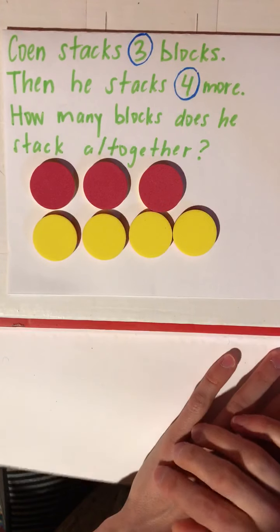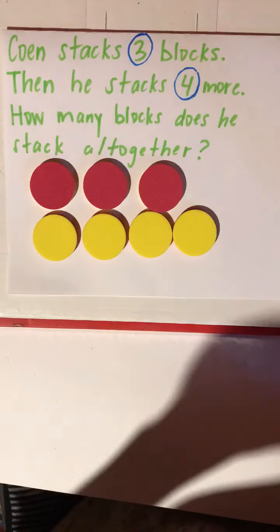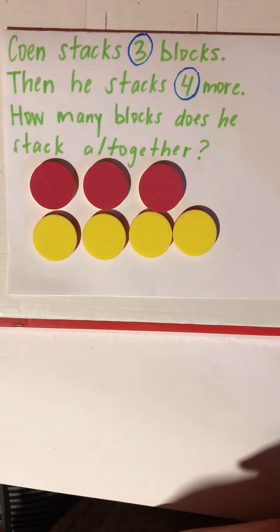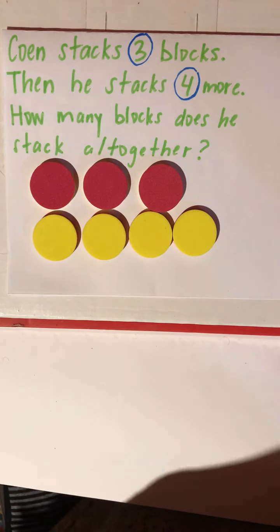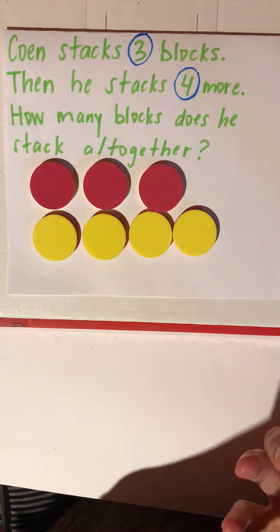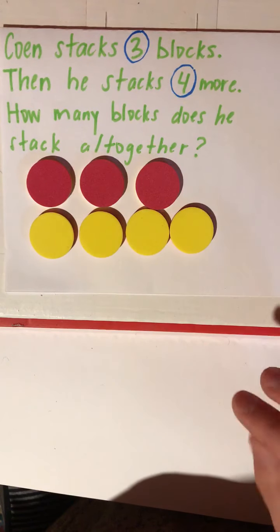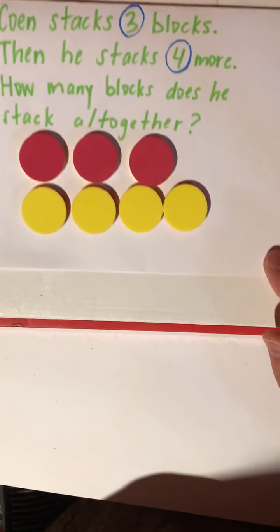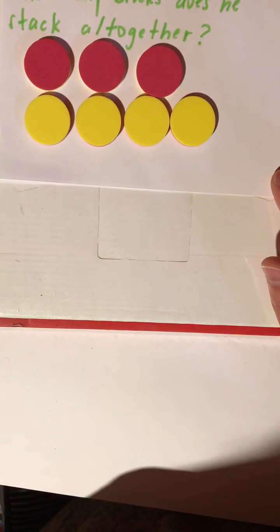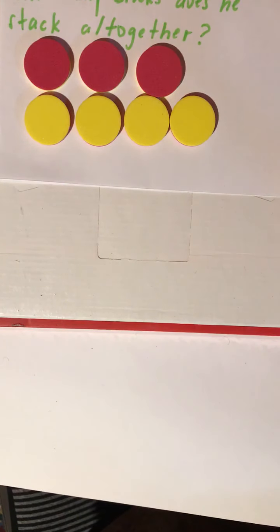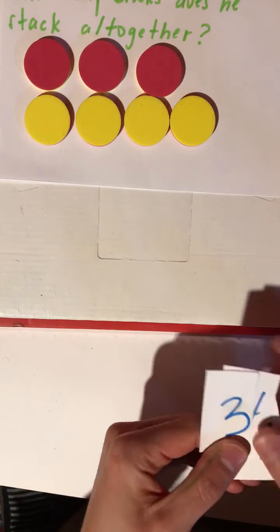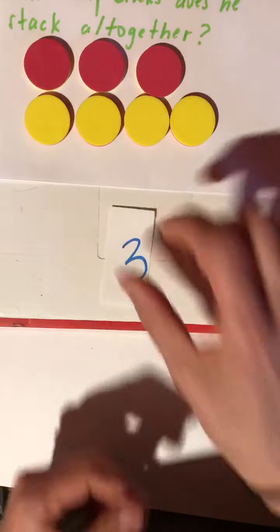So I know that Cohen stacks 7 blocks all together. But now I need to write an equation to model or to match my counters, sorry. So I'm going to scoot that up, and I am going to bring back my number cards.